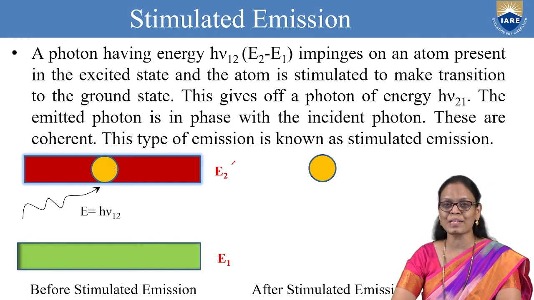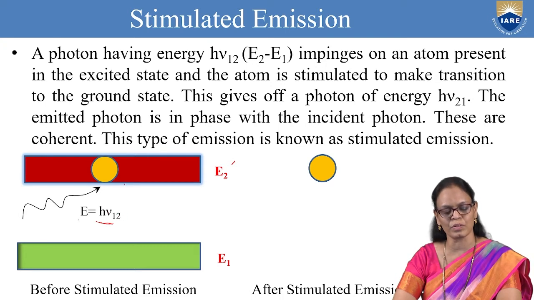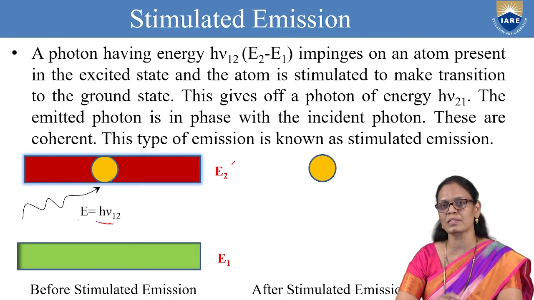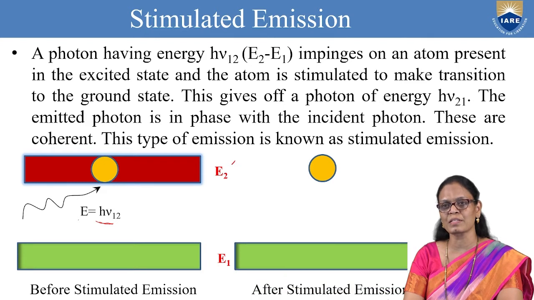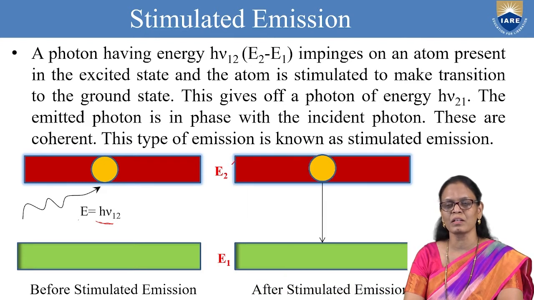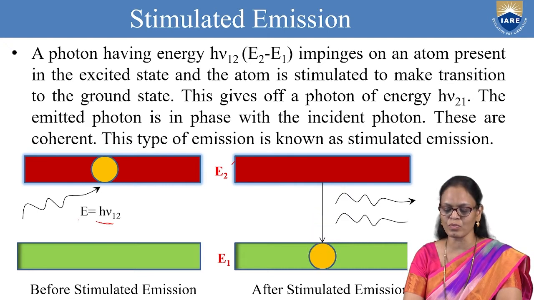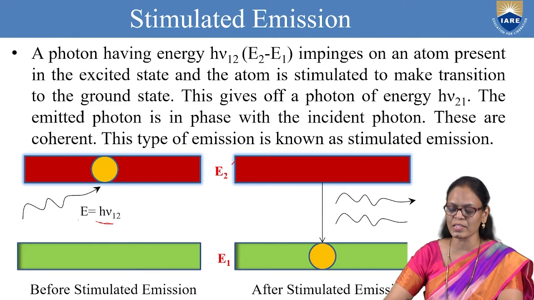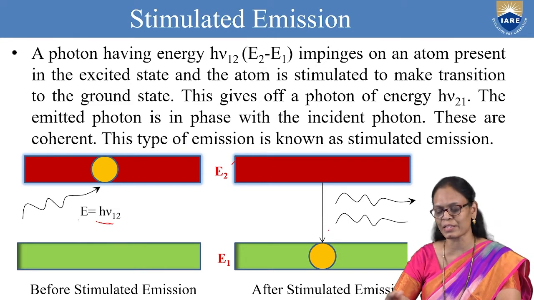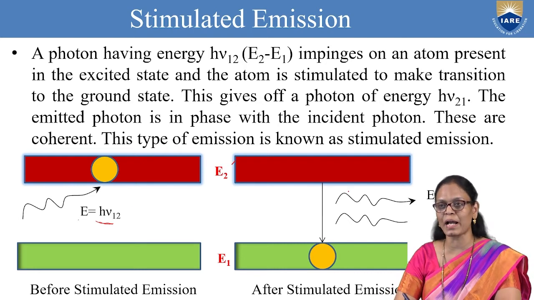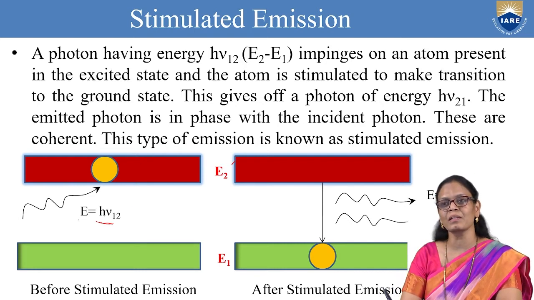So, the atom is here. This is the incident photon whose energy is given by E equals h nu 12. Because of this stimulation, the atom will come down to the ground state. When it comes down, the difference in energies is emitted, and also whatever energy we have supplied is emitted.